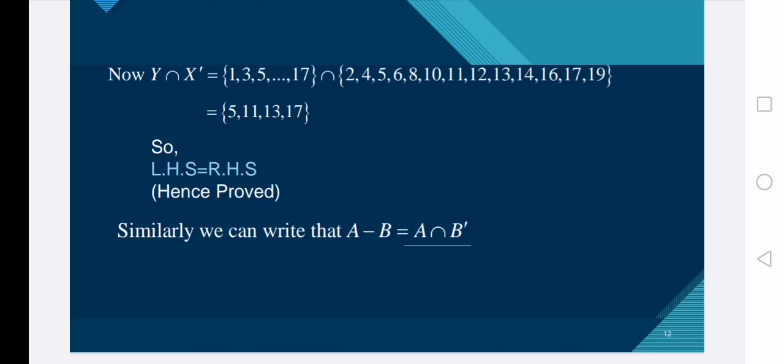If we have A minus B, it becomes A intersection B complement. If we have M minus N on the left hand side, on the right hand side we must have M intersection N complement. So this is the identity which you will have to keep in your mind.